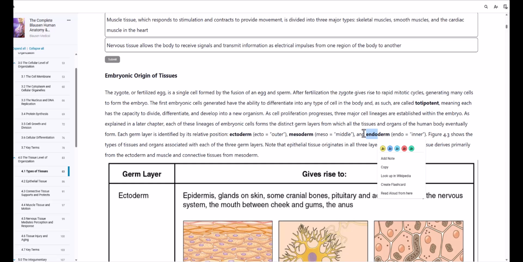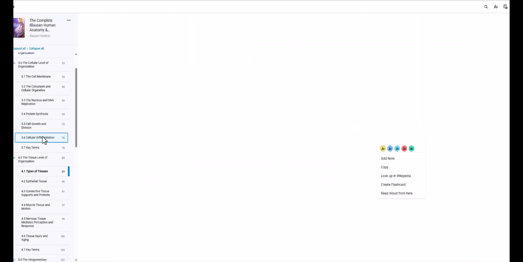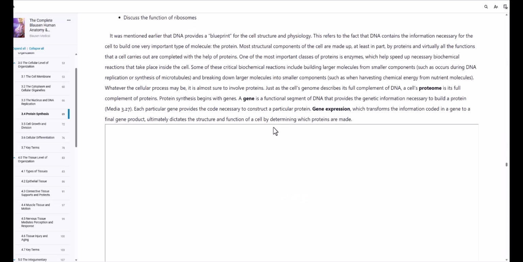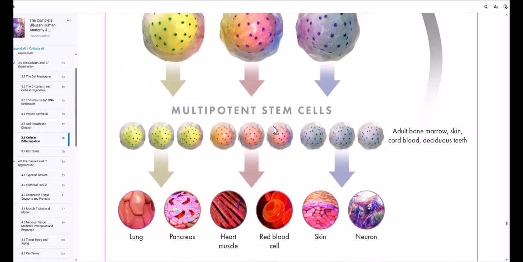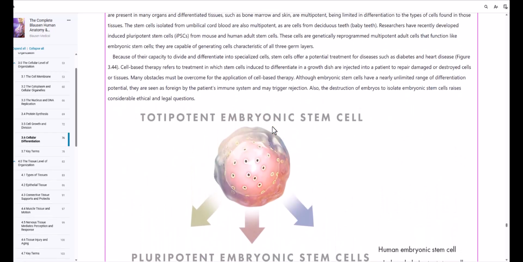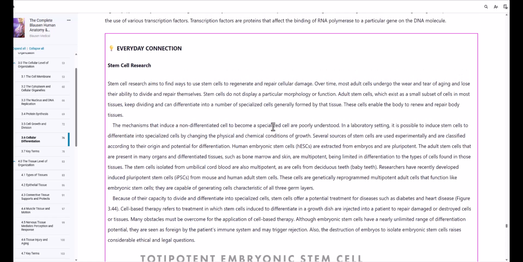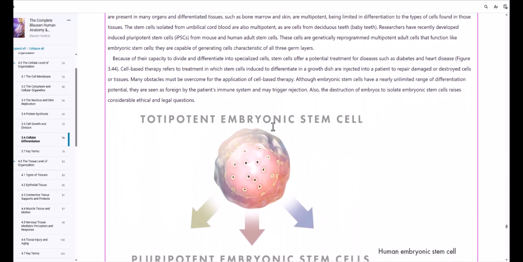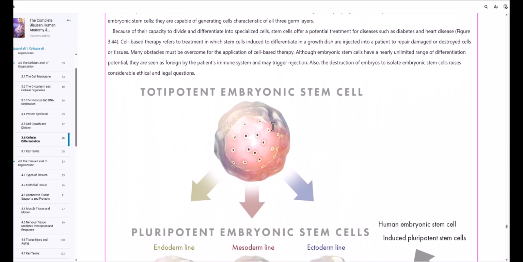Let me just flip back really quick to an image at the very end of 3.6 and remind you of this image and pull this together for you. It's the very, very end. This is under stem cell research. And in this image, you're reminded that the early cell of the body, the zygote, is totipotent.